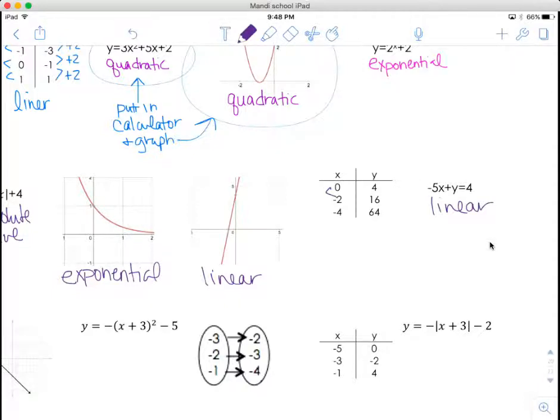This goes from 0 to -2, from -2 to -4, so it's decreasing at a constant rate on the x. And 4 to 16, well, that could be increasing 12, or it could be times 4, because 4 times 4 is 16. And it looks like 16 times 4 is 64. And so we would call this exponential, because if it's increasing by a constant factor, it is exponential.